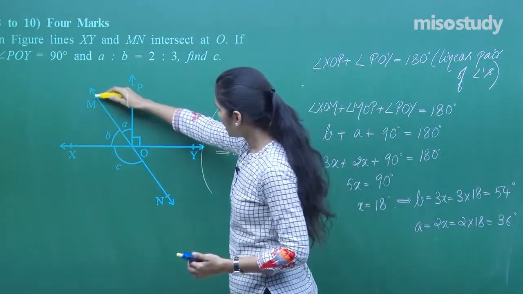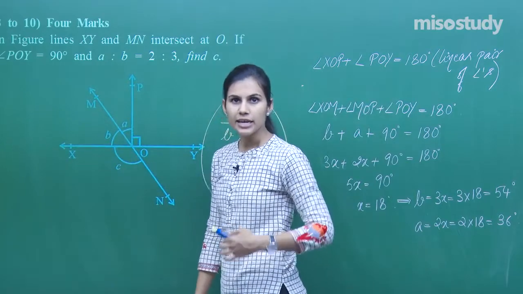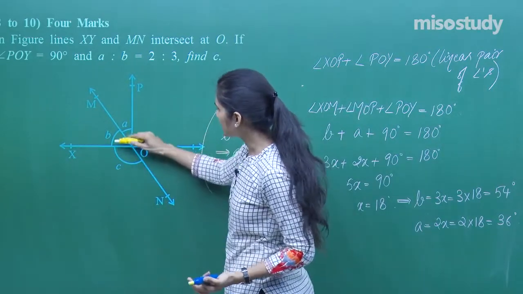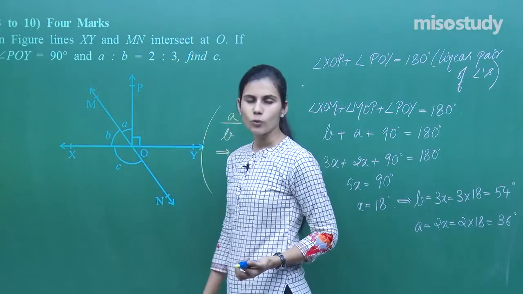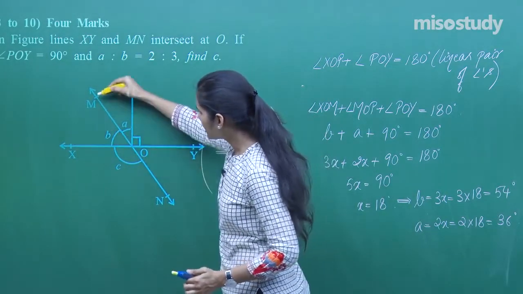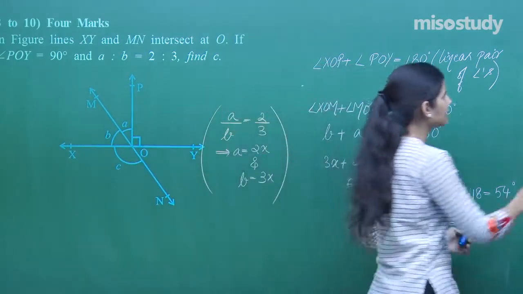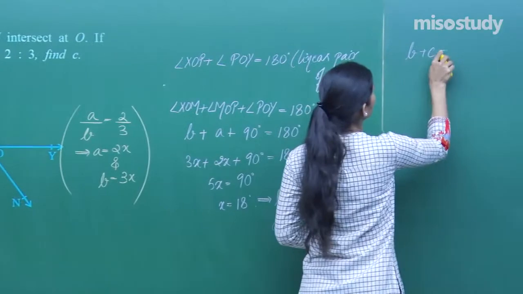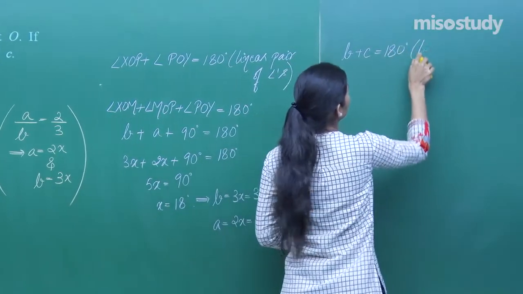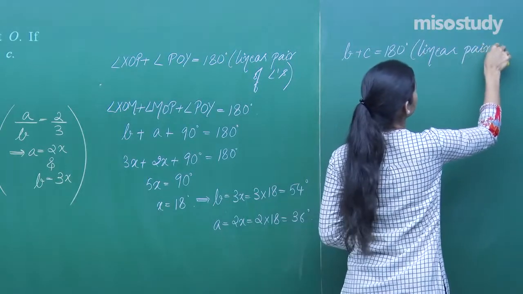you have this straight line MN and this OX is a ray standing on this straight line, thereby giving rise to two adjacent angles B and C, which will be forming a linear pair of angles. So because OX ray is standing on straight line MN, therefore B plus C will be 180 again because they are forming linear pair of angles.